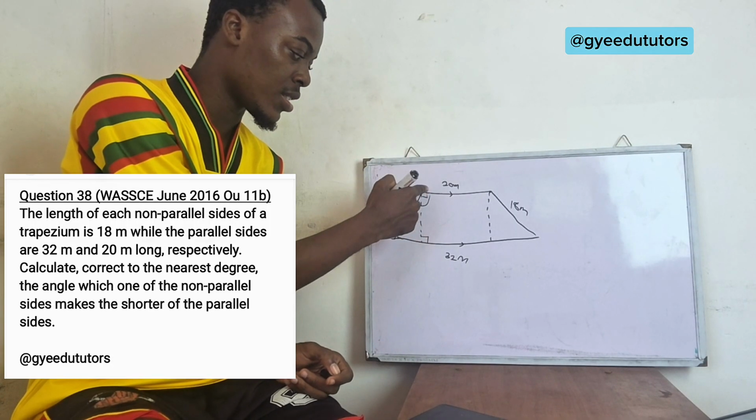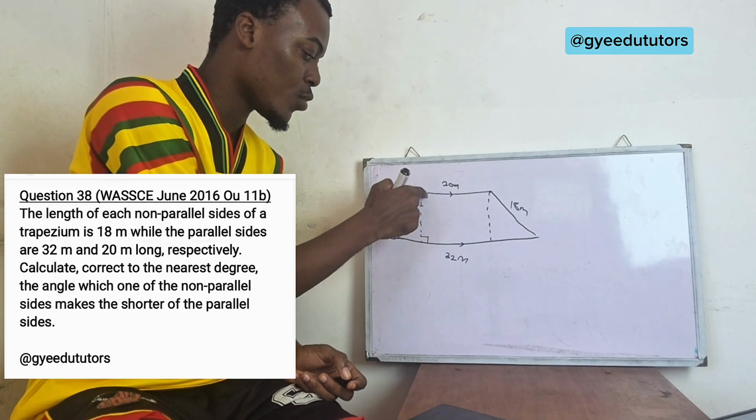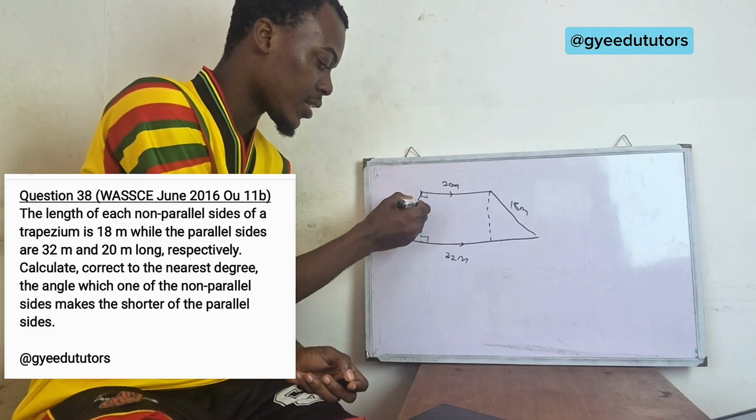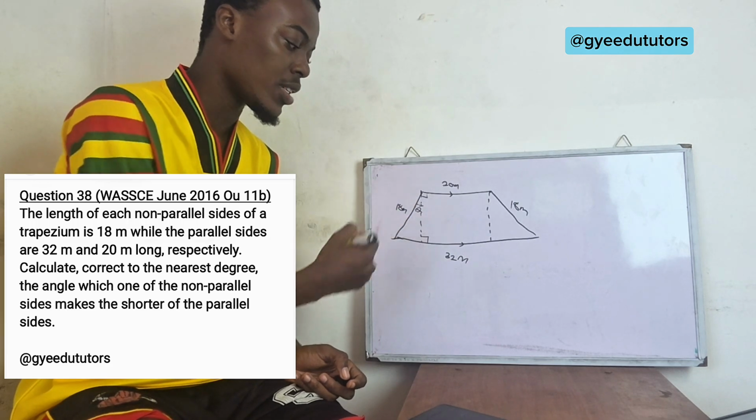So this is 90 degrees, this is 90 degrees. We have to find the angle here, so let's make the small angle theta.